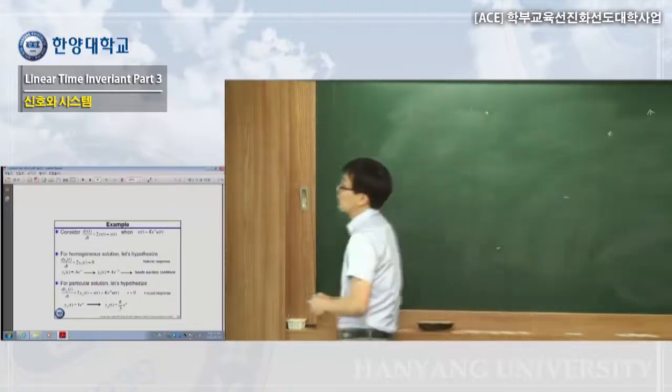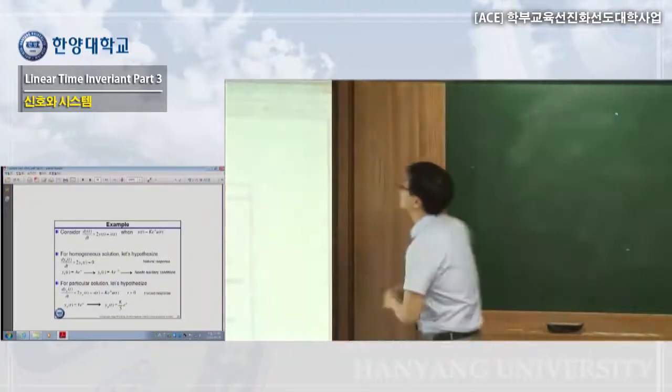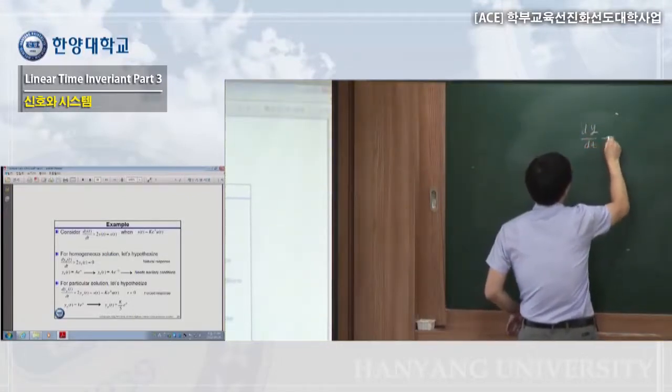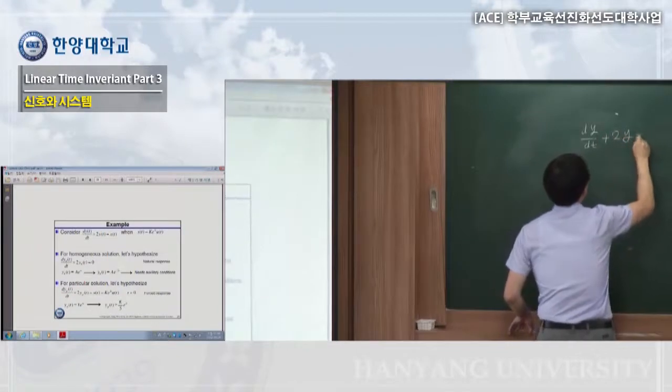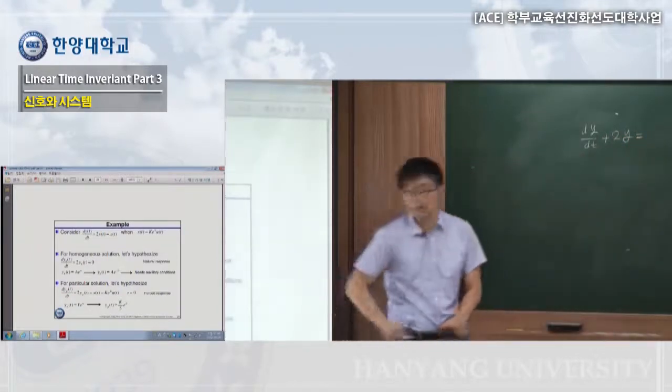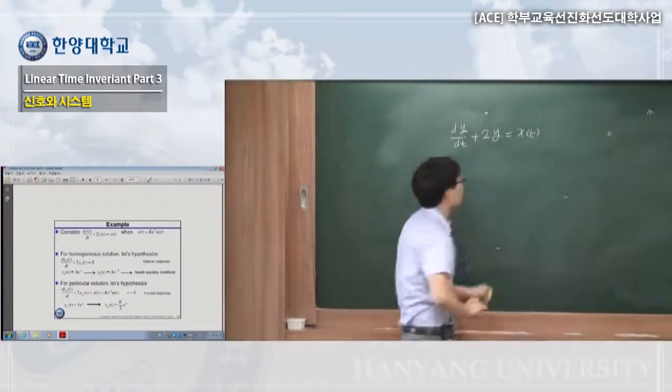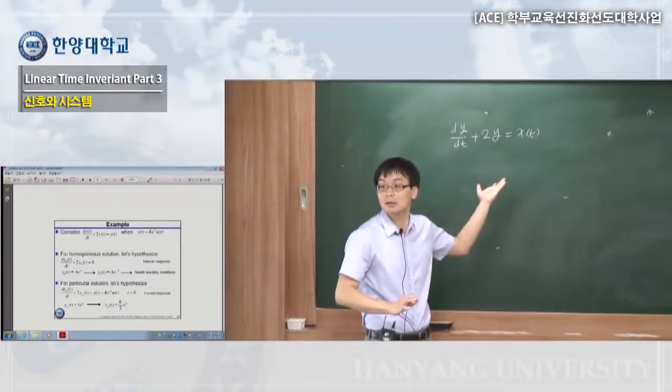Example is like this. When you're given dy/dt plus 2y equals x(t). This is a system, right?